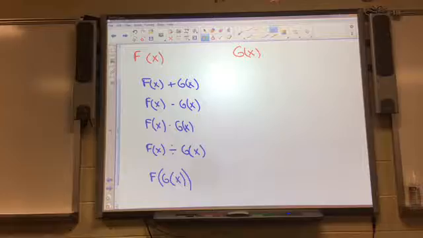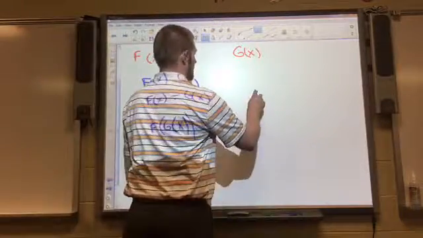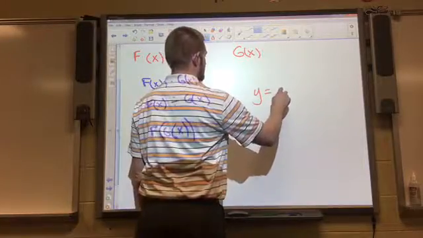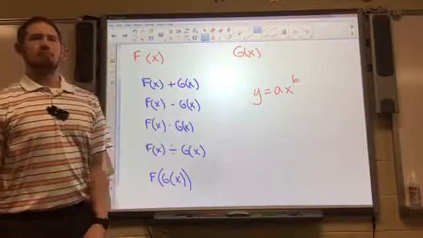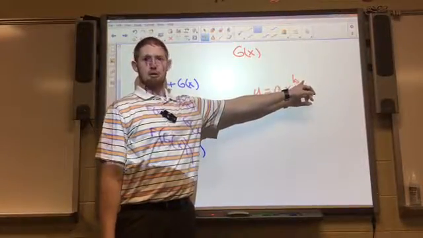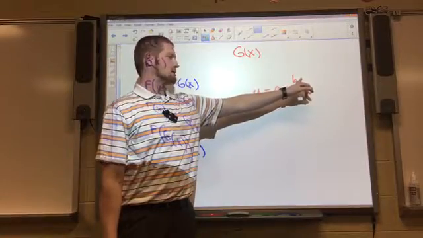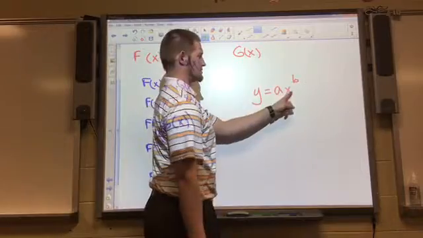Your power function is basically anything in the form of y equals ax to the b power. Maybe b is a whole number, maybe it's a fraction, maybe it's a negative. It doesn't matter, but there's going to be some number, x, and then b.